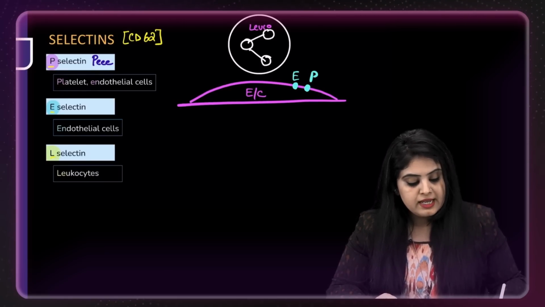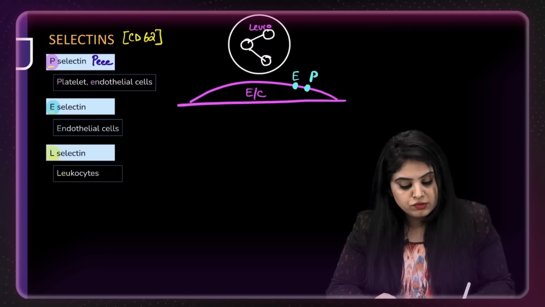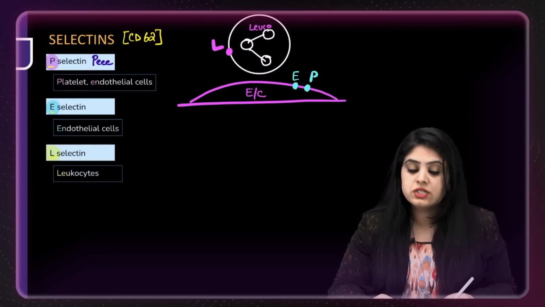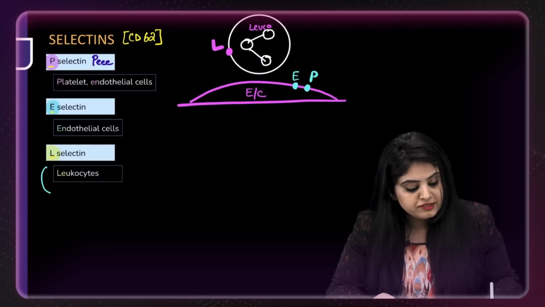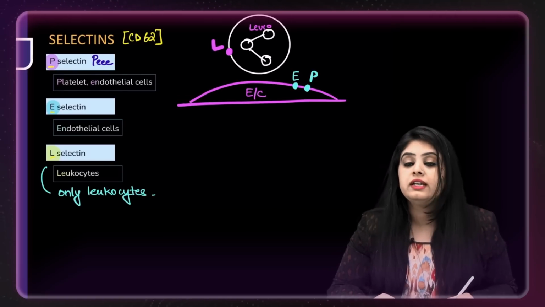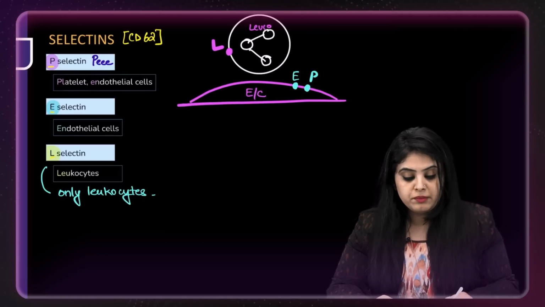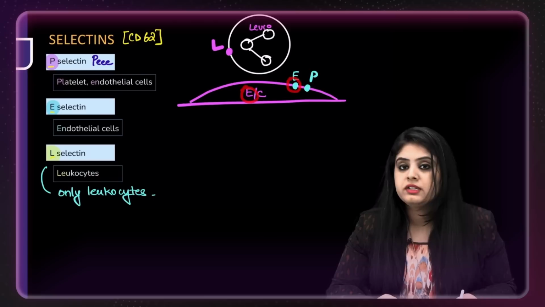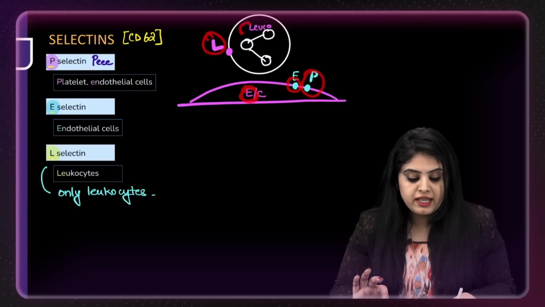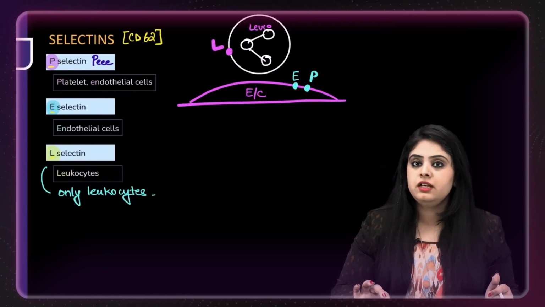L for L. L-selectins are present on the leukocyte. So this is where I will be drawing the L-selectin. So the question comes, which is the only selectin to be present on leukocytes? And that is obviously the L-selectin, only on leukocytes. So simple. E for endothelial cells, P means platelet and endothelial cells, and L for leukocytes.